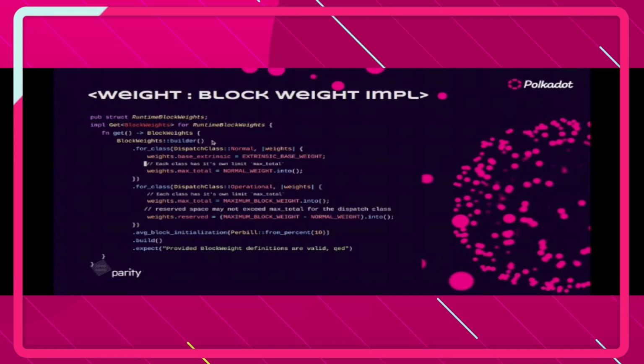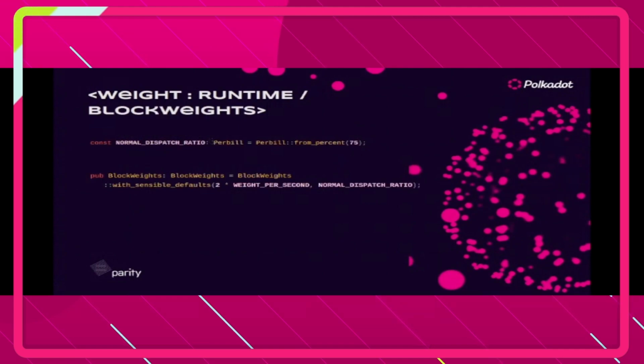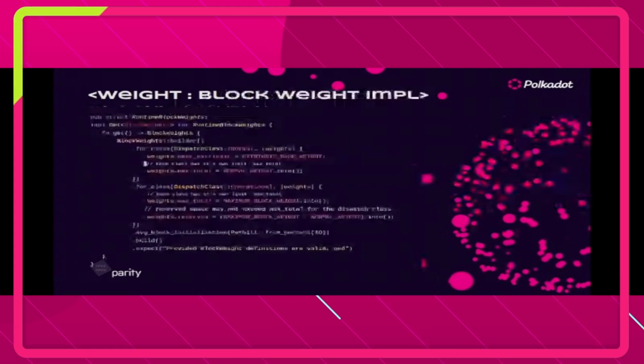configuration. Now, here I have shown you how it's configured in the node template. So we define a 75% per bill struct right here, and we pass it to this function called with sensible defaults. If you take a quick look at sensible defaults, it takes care of all those things. It takes care of defining what the dispatch class for operational will be.